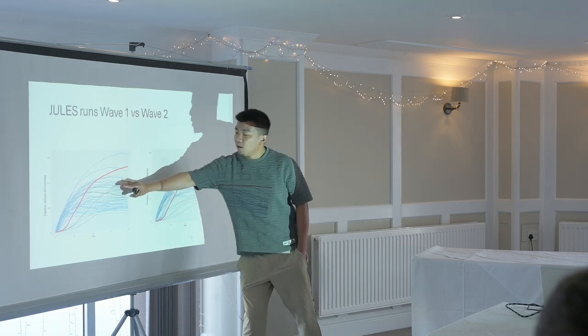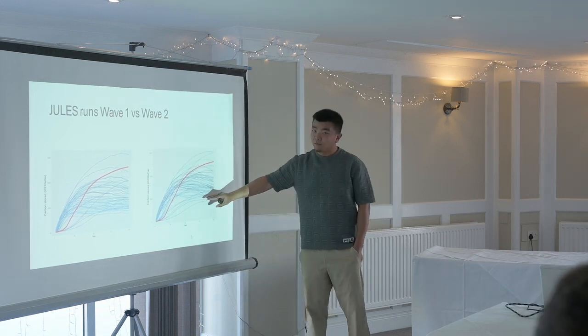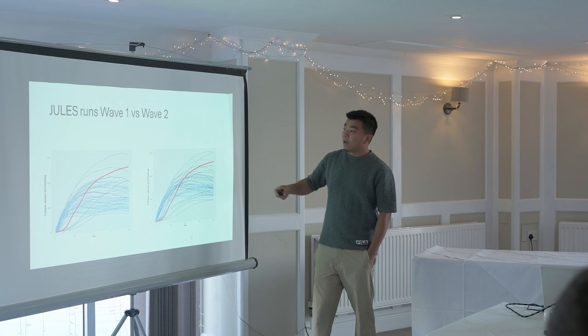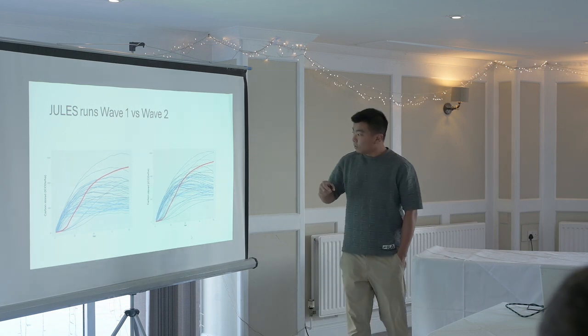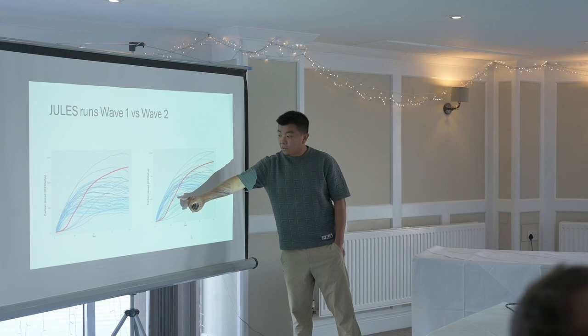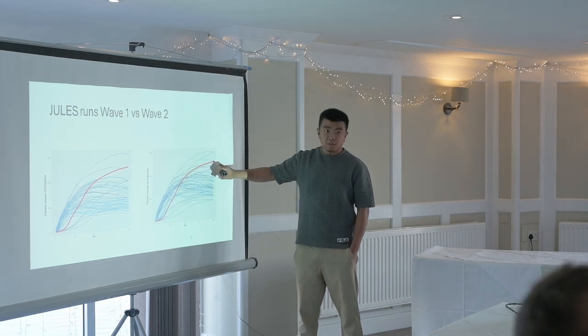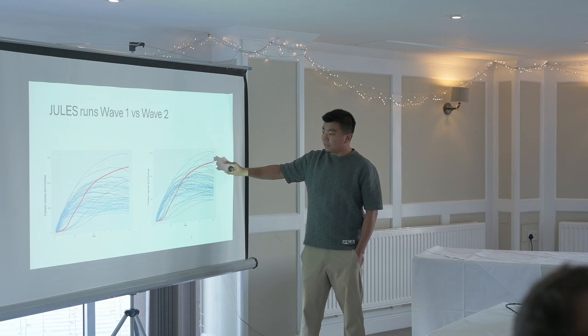The first wave, in general, is at a lower level, while the second wave has already leveled up. So we know the algorithm is searching for parameter values that make Jules runs more similar to the WCC curve, especially because we're focused on the end now.